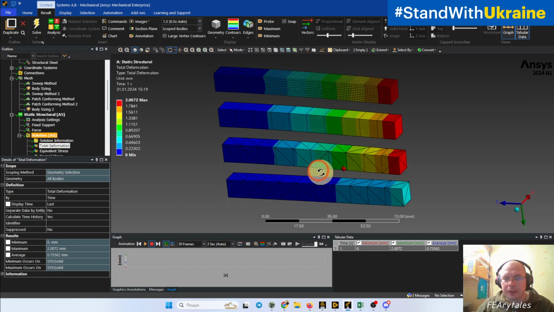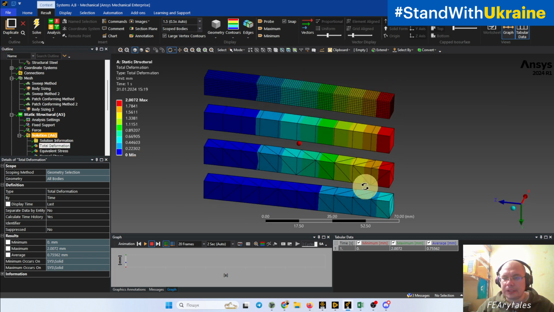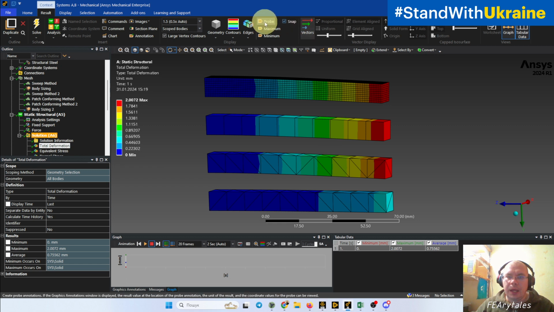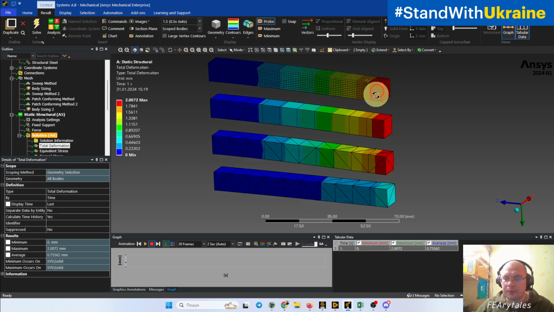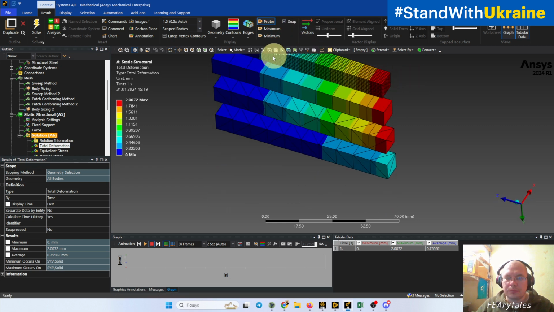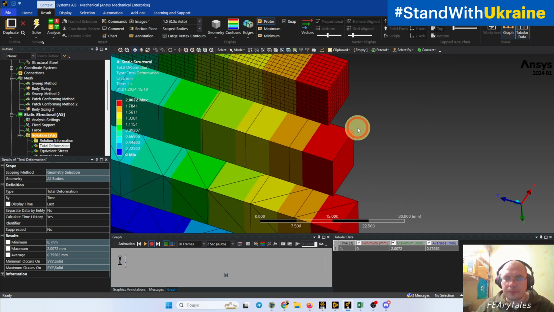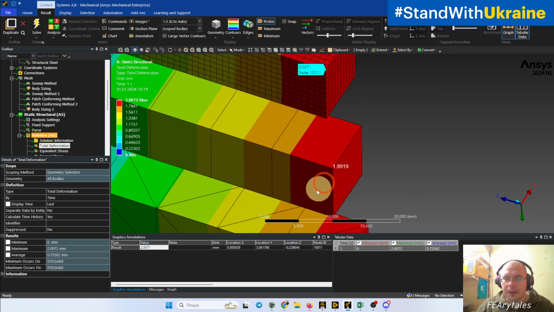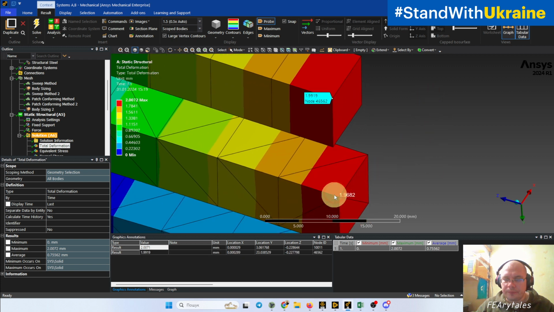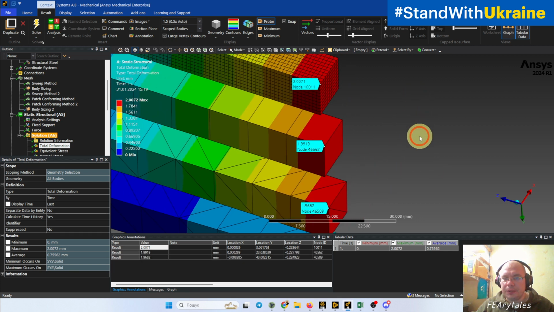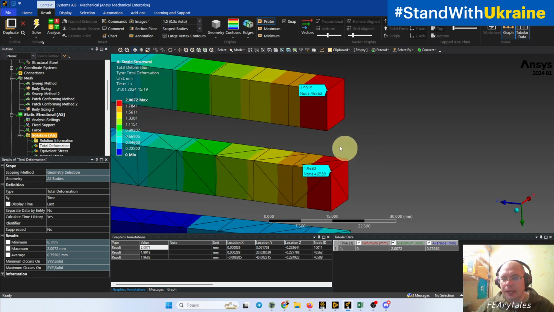But if we take a look at the results, we will see some difference. If we choose this corner, we can see that for these three types we have almost the same result. Here the difference is in the third digit after the point, and here in the second digit after the point.